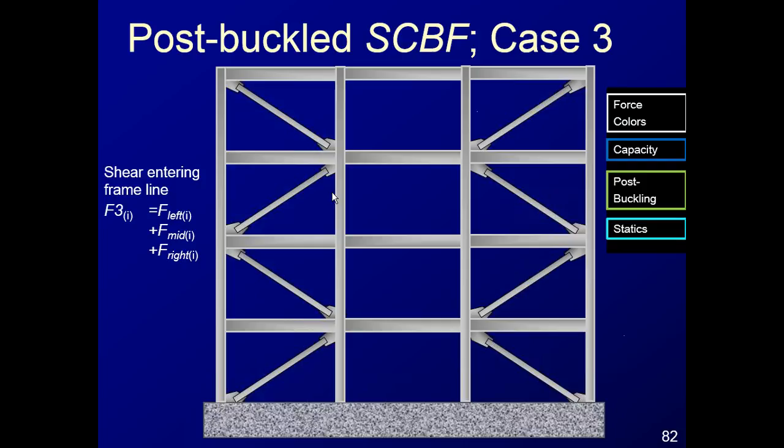So if we imagine that we have a lateral force here pushing us to the right, such that the compression braces become ineffective, they buckle, they lose 70% of their capacity, and that 70% is really arbitrary.